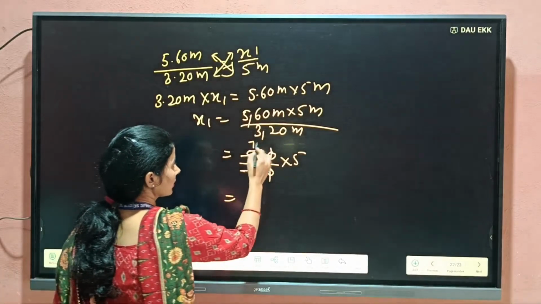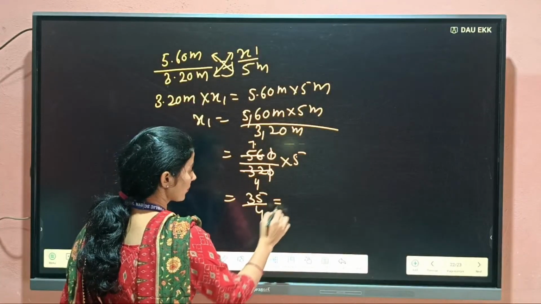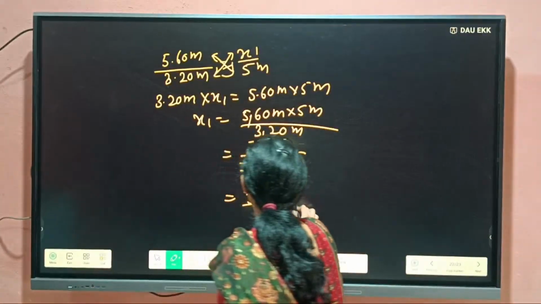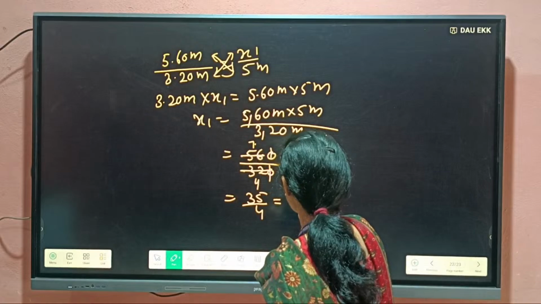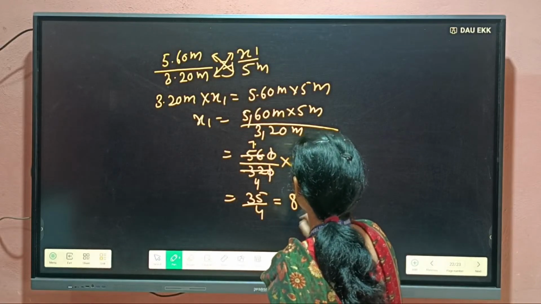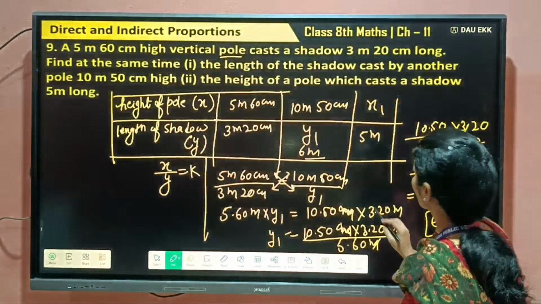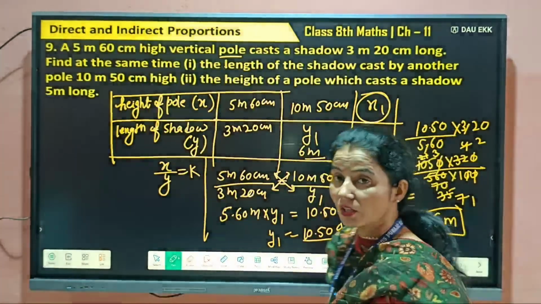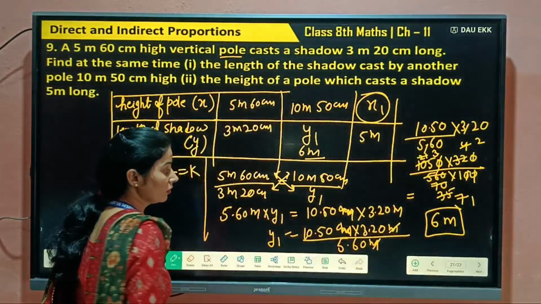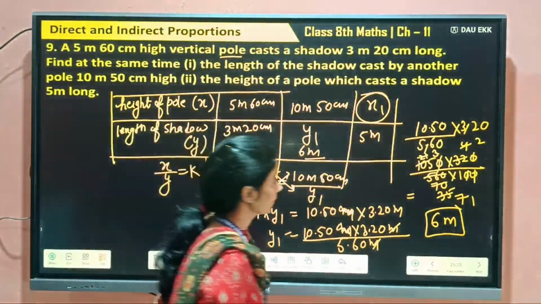Cancel. 7 5s are 35 by 4. 4 8s are 32, then 4 5s are 20. 8.5 meter is the height of pole when the length of shadow is 5 meter.